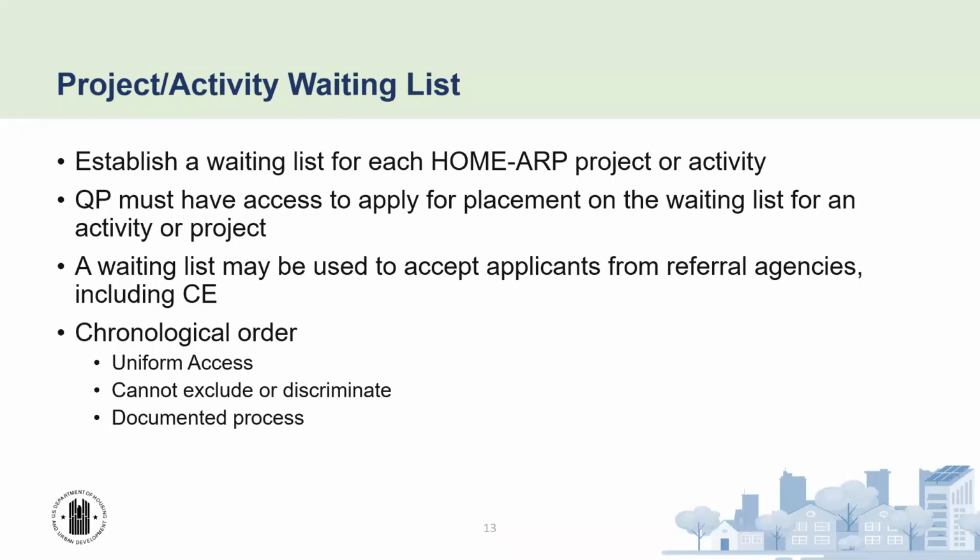If you don't have any, that's fine. But it's got to be consistent with the HOME-ARP notice, or if the PJ did establish preference in chronological order, it has to be in chronological order insofar as practicable. The waiting list must provide uniform access. It cannot exclude or discriminate, and it has to be a documented process.